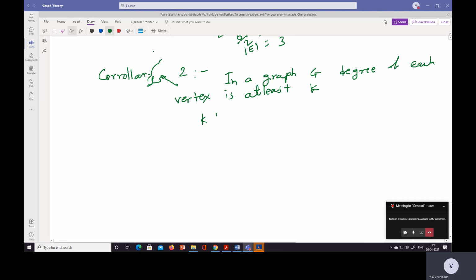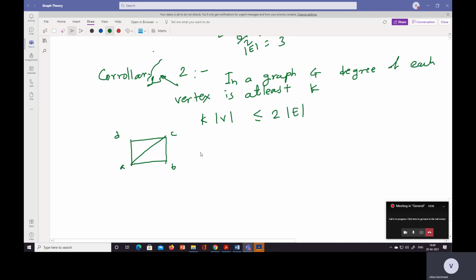Okay, so k into v is less than or equal to 2 into e, for any graph other than a complete graph. Suppose this is the graph, an example graph. There are 4 nodes or 4 vertices, and the nodes are a, b, c, d.